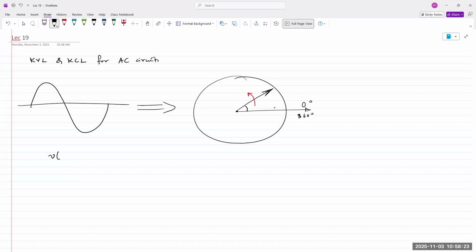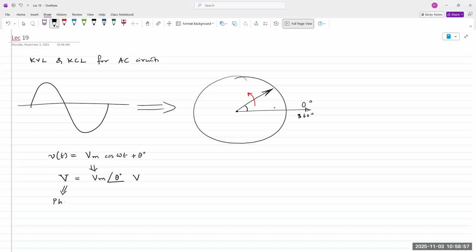So if we have a voltage V of t that is Vp, or let's say Vm cos omega t plus theta, the vector can be described directly as Vm with phase angle theta. And that's it. These vectors are known as phasors.